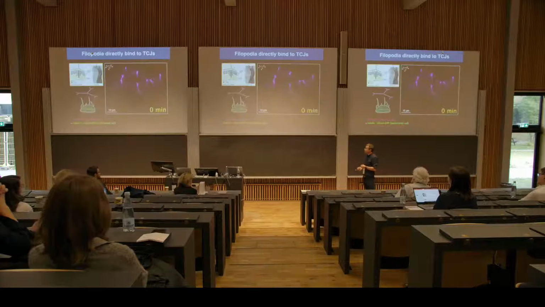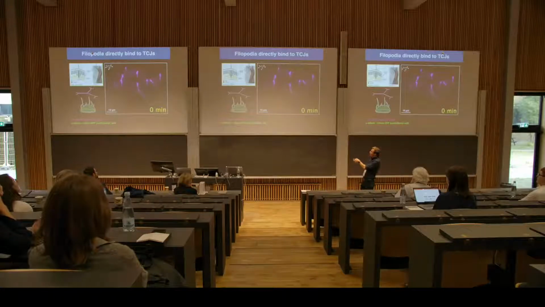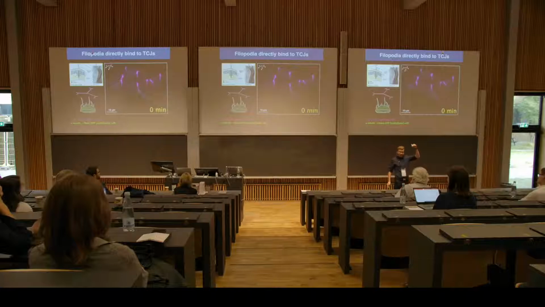To address this question, we express this protein called LSR. This is a protein that hangs down from the tricellular junctions into the tissue. It doesn't matter what kind of protein it is. It's basically like a cable that hangs down into the tissue. Now the next step, we want to see, are there direct interactions or not?